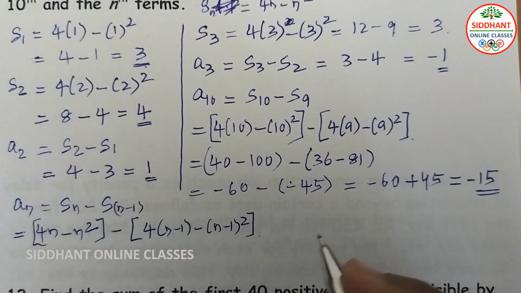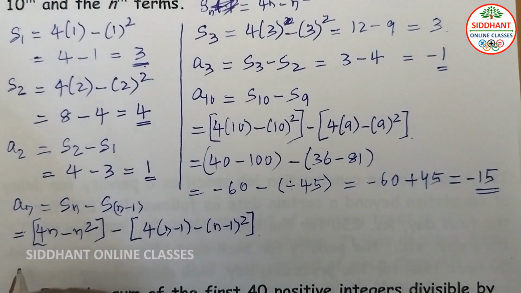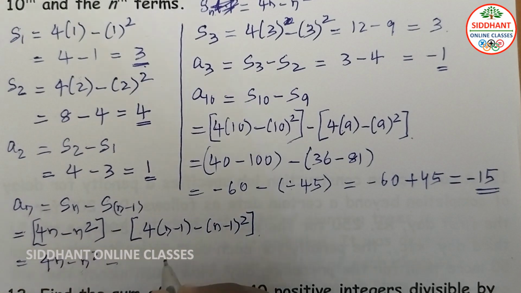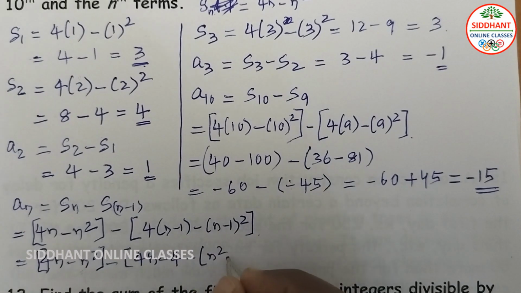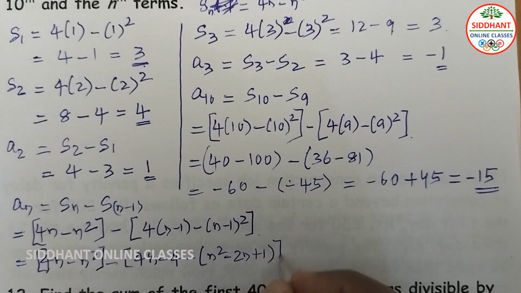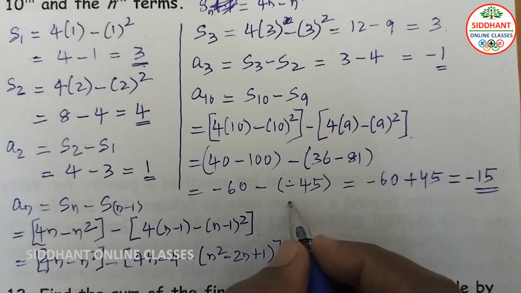So that equals 4n minus n square minus here bracket 4n minus 4, here bracket n minus 1 whole square, that will be n square minus 2n plus 1 here.